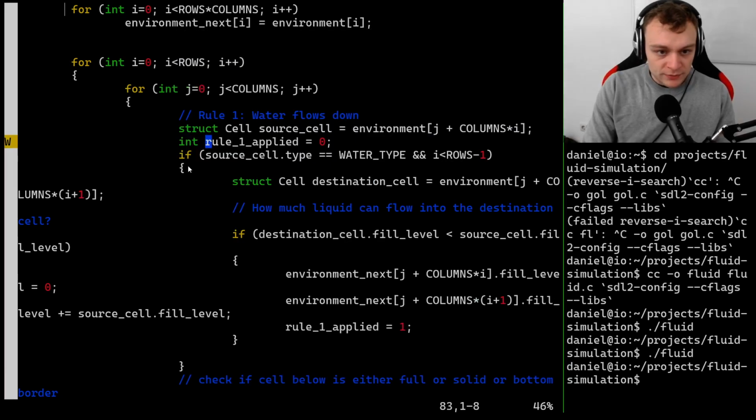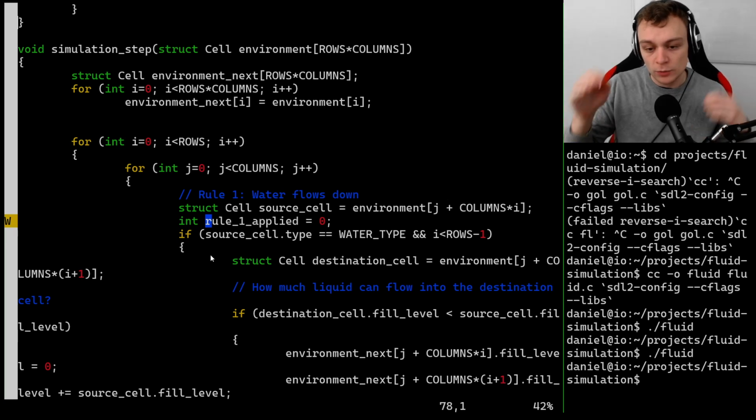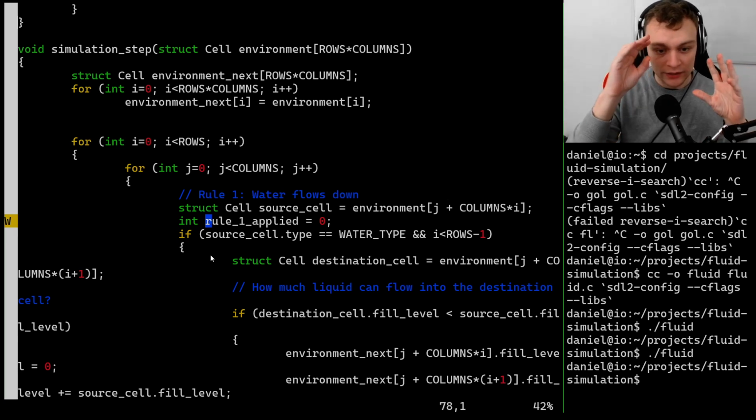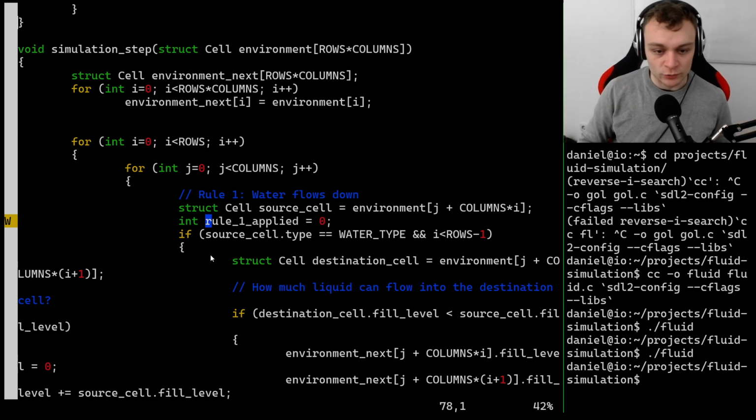In our implementation here, we loop over every cell in the grid and then apply all the rules to that cell. However, probably we should instead apply the rules successively. So we loop over every cell and apply rule number 1. Then we loop over every cell again and we apply rule number 2 to every cell.